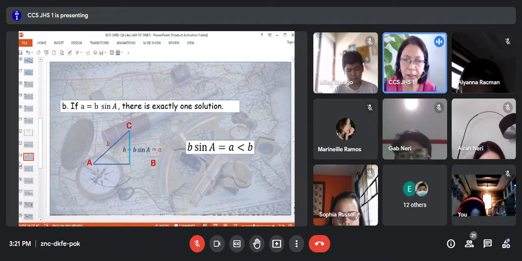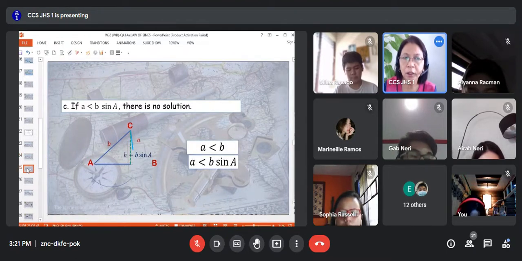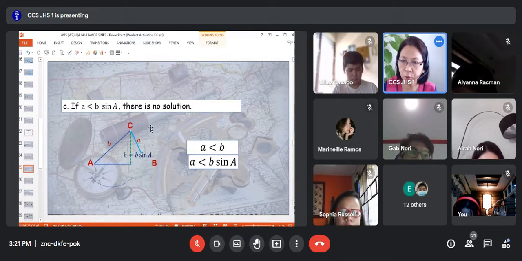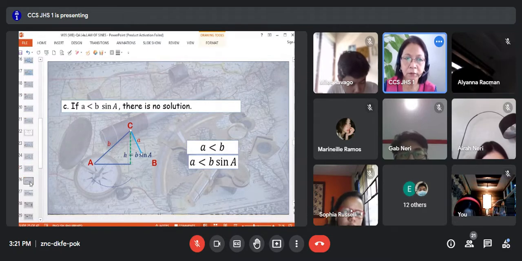What will be formed is a right triangle. And if your A is lesser than the altitude or the H, there is no solution.